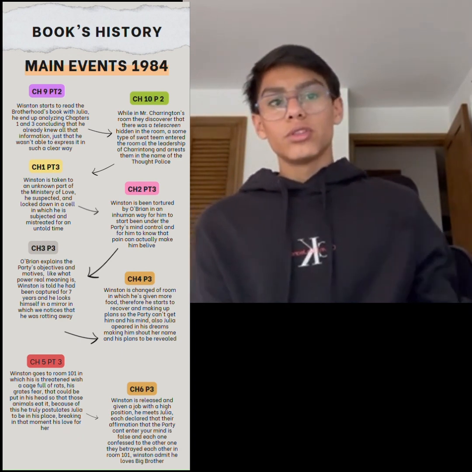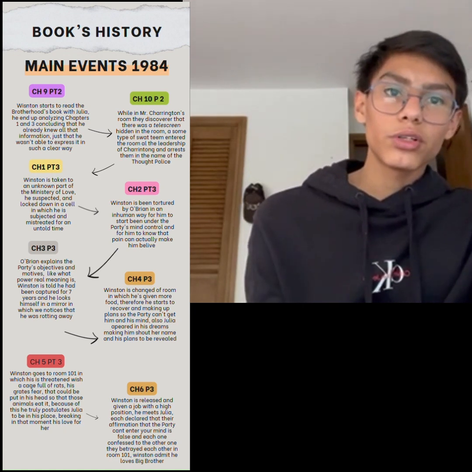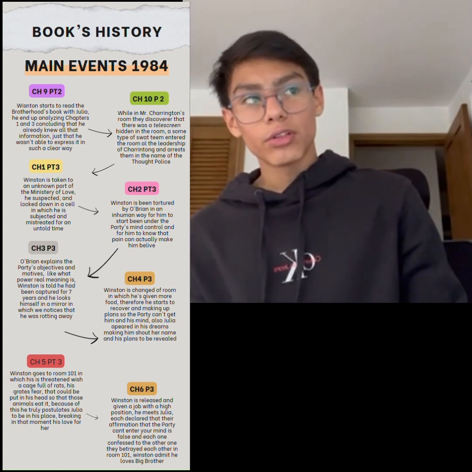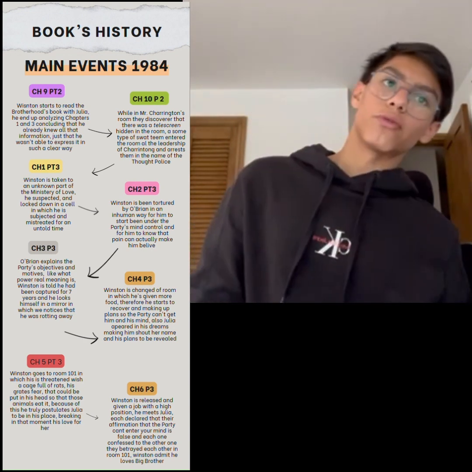Finally, in this part, we are presented to the Brotherhood book, in which we are shown how the party governs in a very detailed way the world or this part of the world.